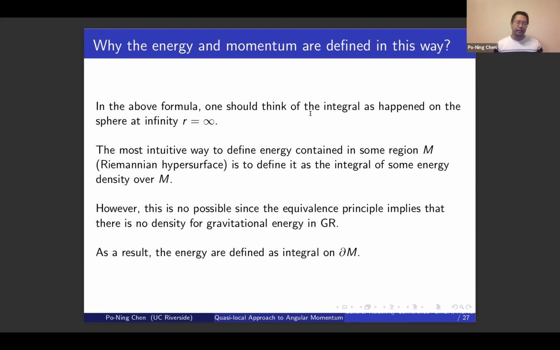Instead, you define it as some integral over the boundary. Right, for example, the ADM energy momentum at spatial infinity takes a completely different form, but still it's a boundary integral on the boundary of the slice. This is what I want to emphasize here.